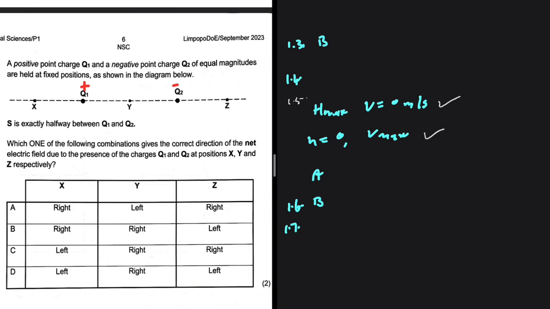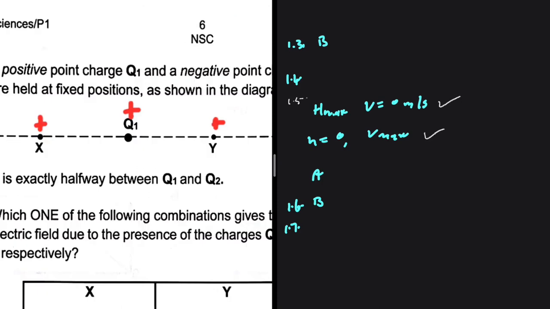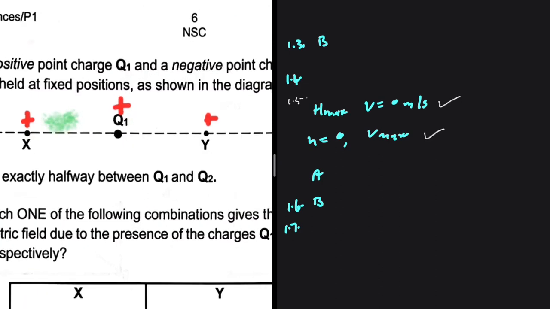I don't see any S on the diagram, but maybe they are referring to Y. Which one of the following combinations gives the correct direction of the net electric field due to the presence of charges Q1, Q2 at positions X, Y, and Z respectively? When we have a point charge, we can always assume that it is positive. So let's put that there and do some analysis.